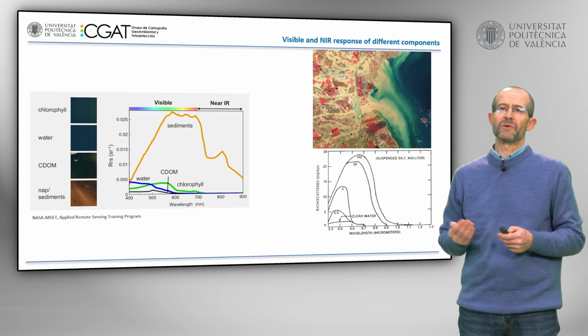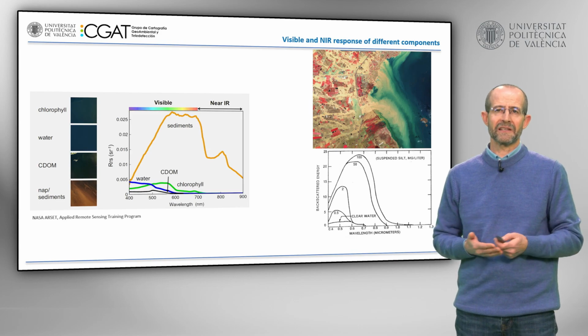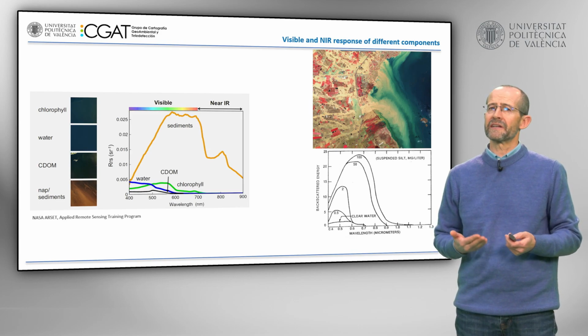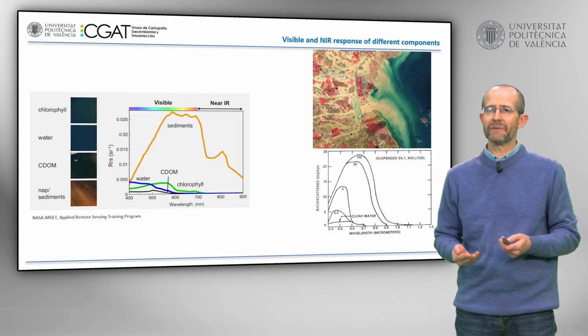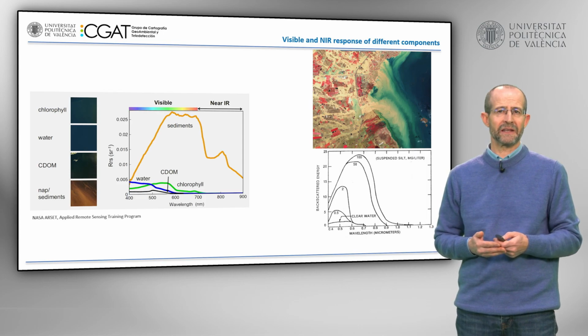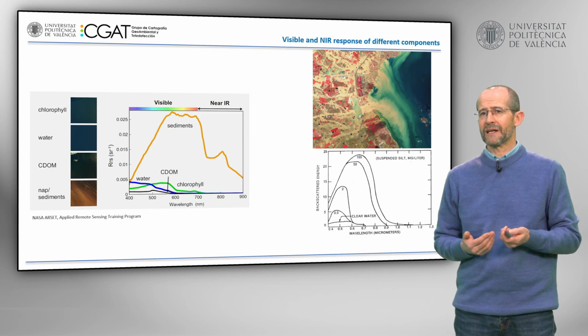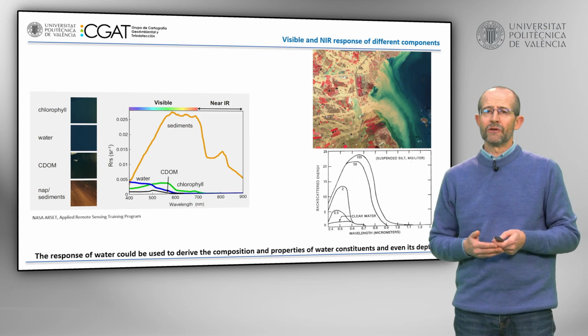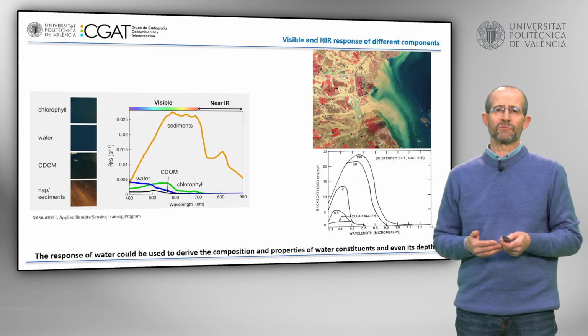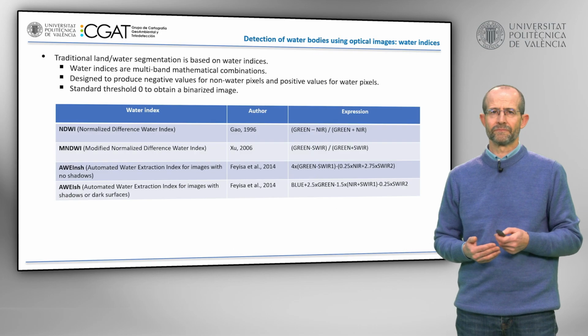The image on the right shows how water with different amounts of suspended silt has spectral responses directly proportional to these amounts, with the maximum being shifted towards longer wavelengths. It can be concluded that analyzing the response of water allows us to obtain the composition and properties of the water's constituents, and even its depth.